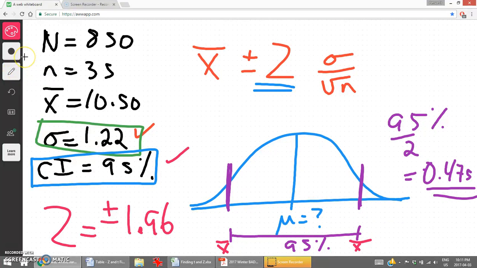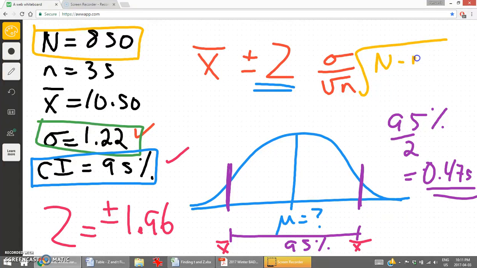Now one thing, let's go in yellow, because we have our population size, capital N equals 850, our standard error has to be adjusted by the finite correction factor. So we're going to add on a tail here: capital N minus little n over capital N minus 1, the population size minus 1.